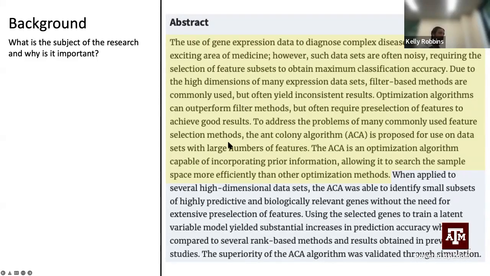You can post in chat or unmute. I'd really like to hear what some people think about this. I wrote this abstract a long time ago. You're not going to hurt my feelings, so don't worry about it. Okay, feel free to unmute yourself or put in the chat what you think about the background for this abstract.